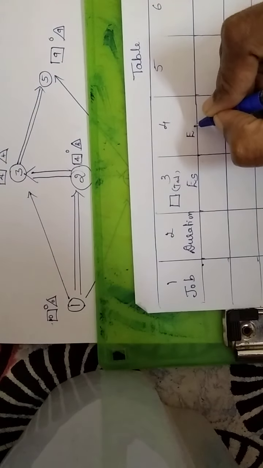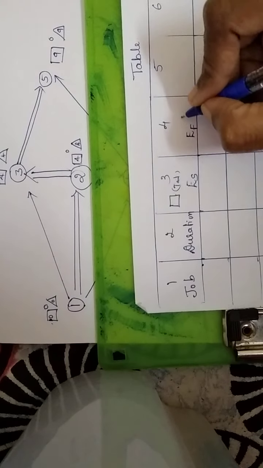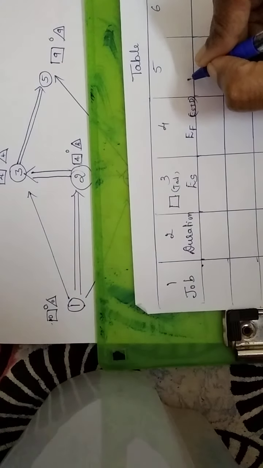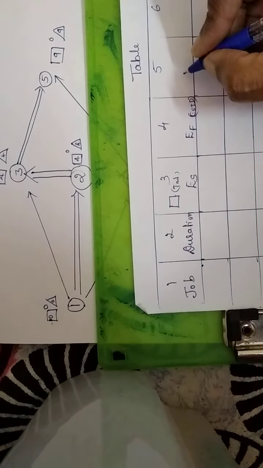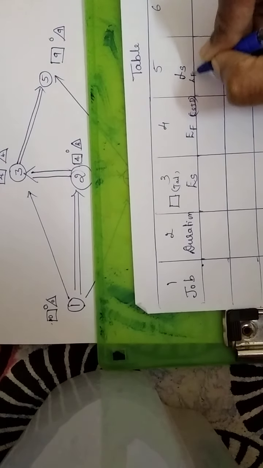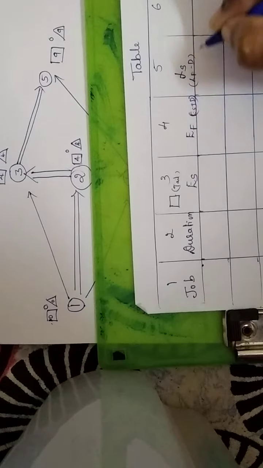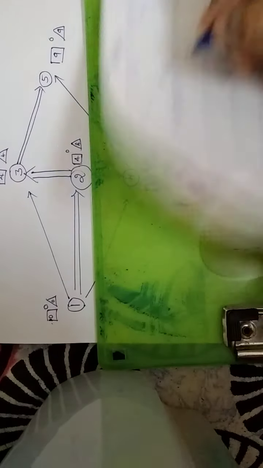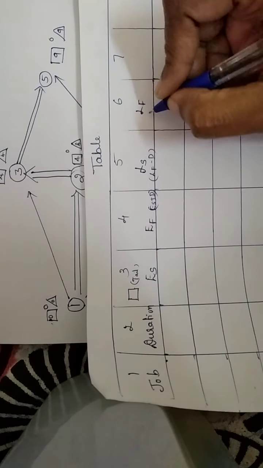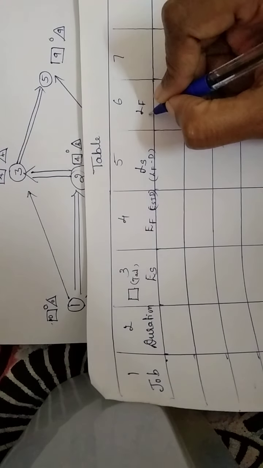Column 4 is earliest finish time, which is equal to ES plus D. Next is column 5, which is LS, equal to LF minus D, latest finish time minus the duration. Column 6 is the latest finish time of the head event.